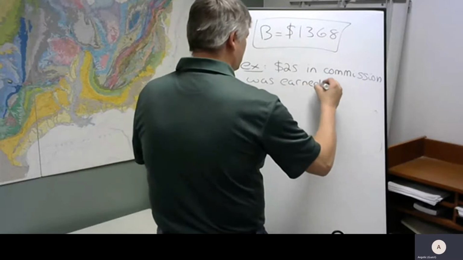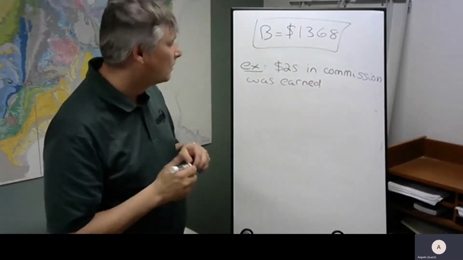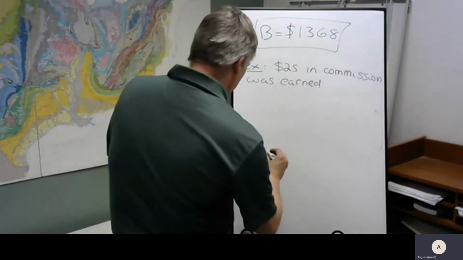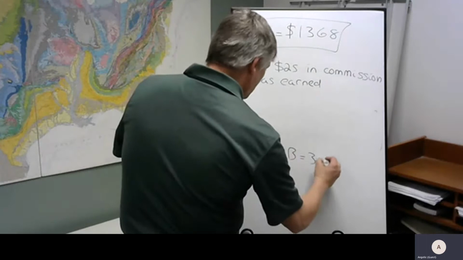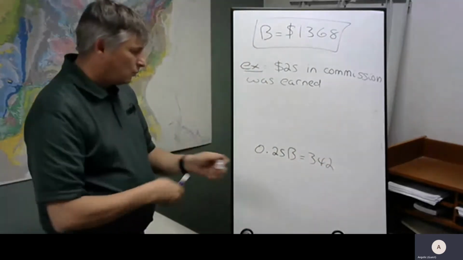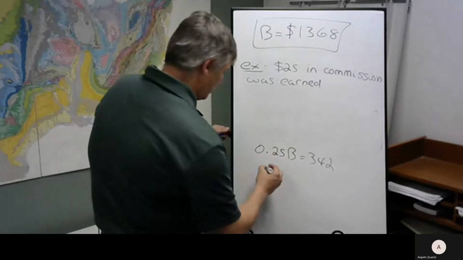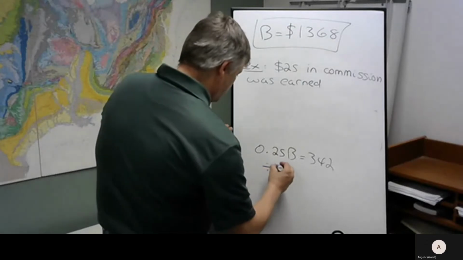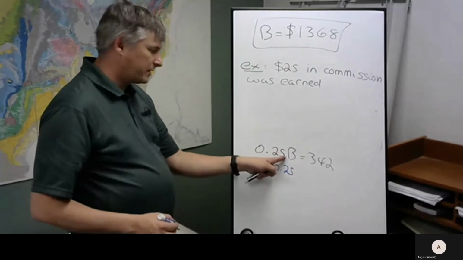I'm sorry, I'm just having difficulty understanding how we got, we had the 0.25 on the base, and then you wanted that multiplied by the 342. How did we get the 1368? So what we did, we divided both sides by 0.25 because we want to do the opposite of what's going on here.